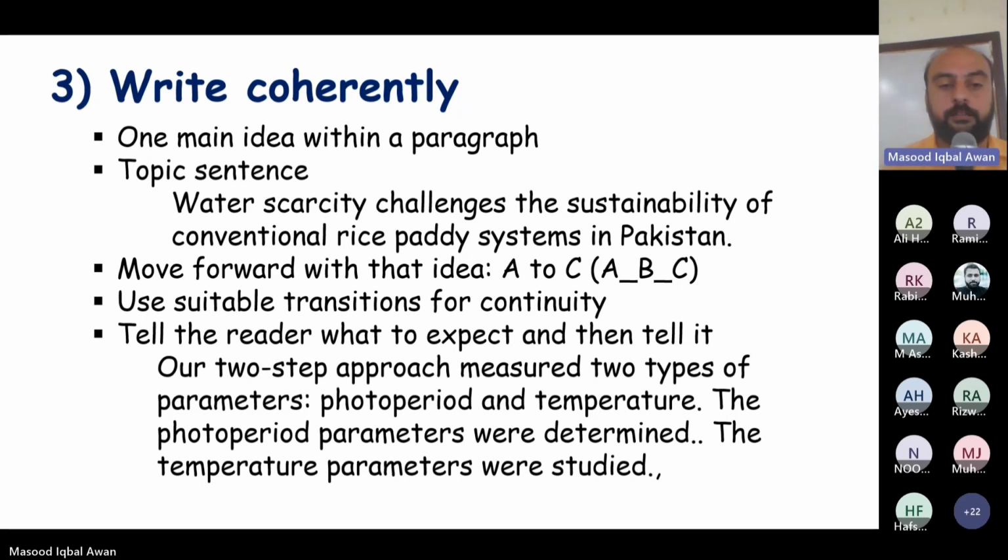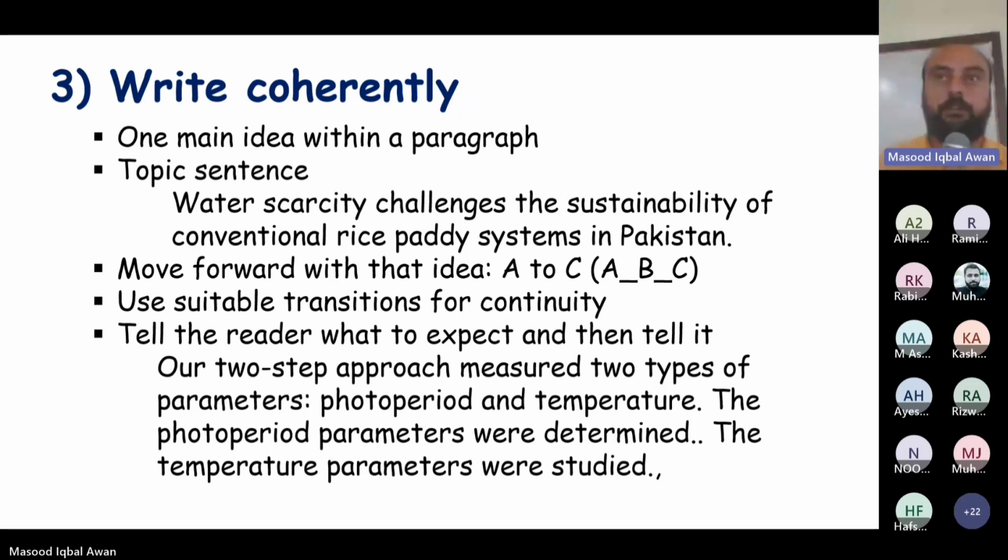For example, if I write the sentence, our two-step approach measures two types of parameters, and then I stop the sentence here, then the reader is not clear which type of parameters. So we should tell the reader what to expect and then also tell it.